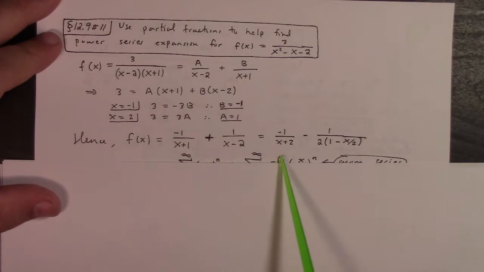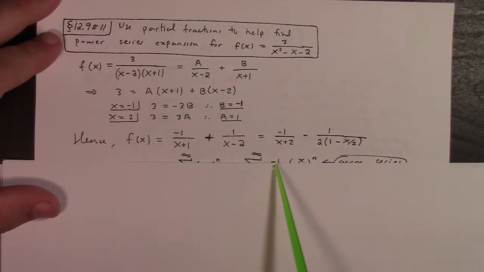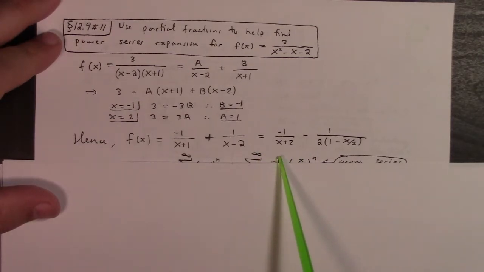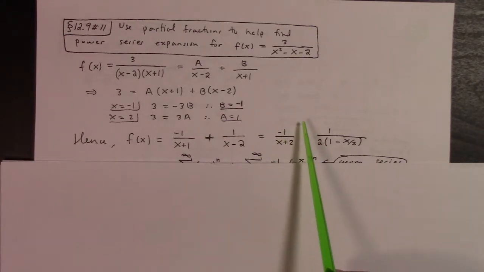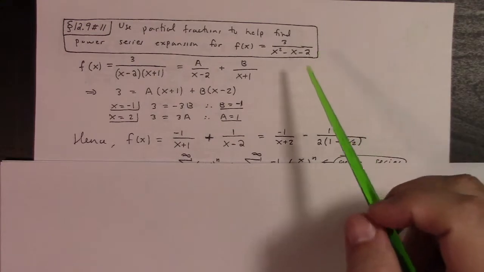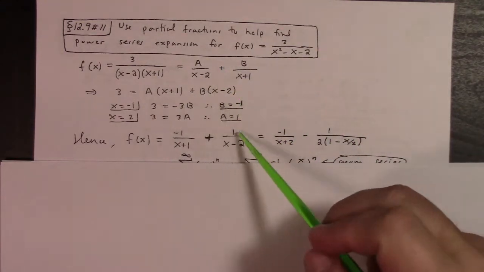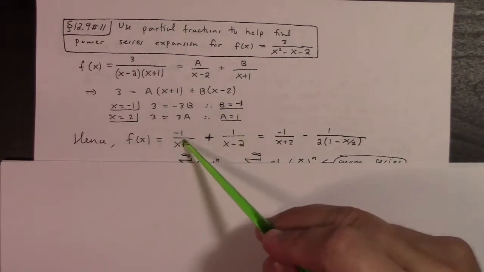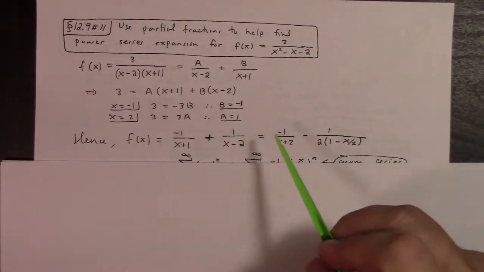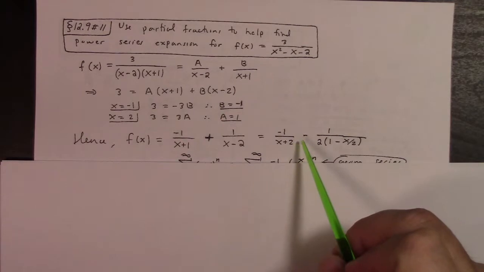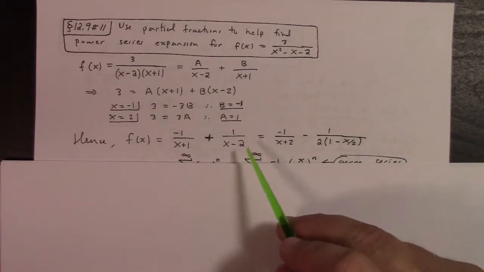Then we have to, sorry, I'm confused all of a sudden. What happened here? I think a is 1, 1 over x minus 2, great. B is minus 1, okay. What happened here? I understand this.